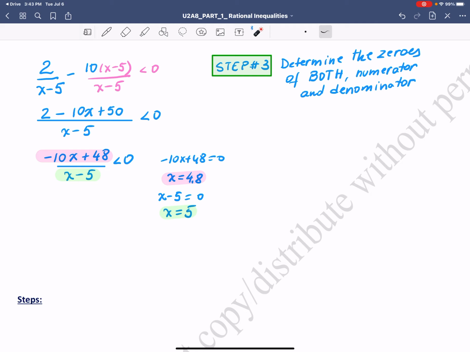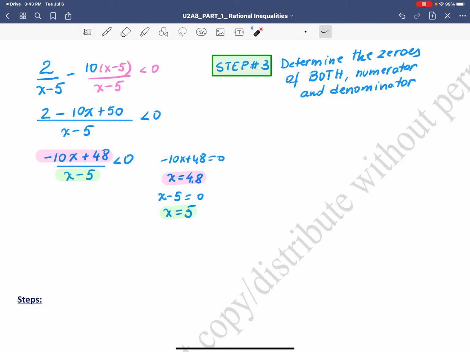This would be the number line. It represents the values of x from negative to positive infinity. And on the number line, I will be placing the zeros of this rational expression, which will be the zeros of the numerator and denominator. So 4.8 and 5 must be placed on the number line.